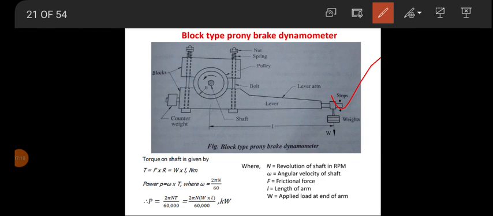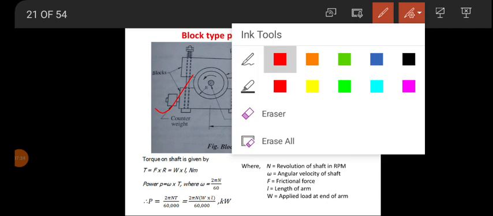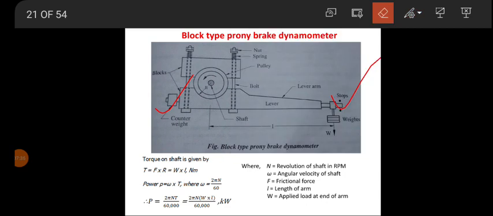Then we have a counterweight. The counterweight avoids any unwanted vibrations of the lever. So these are the construction details of the Prony brake dynamometer. It consists of a counterweight, two wooden blocks, nuts and spring mechanism, a lever, and a shaft and pulley mechanism.